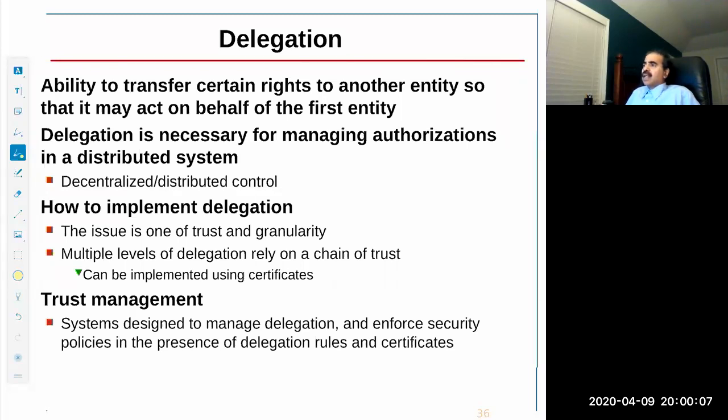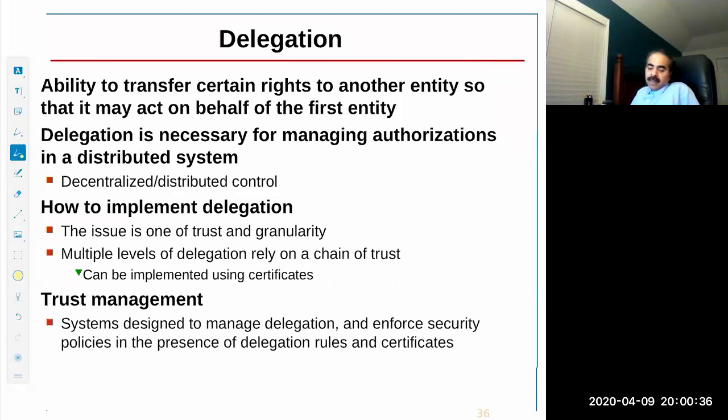For instance, in a large organization, the director of a group may want to delegate certain permissions to one of his or her subordinates, and they may not want the entire organization to be involved in this delegation. Therefore a more flexible mechanism is needed, and that's why we talk about delegation.